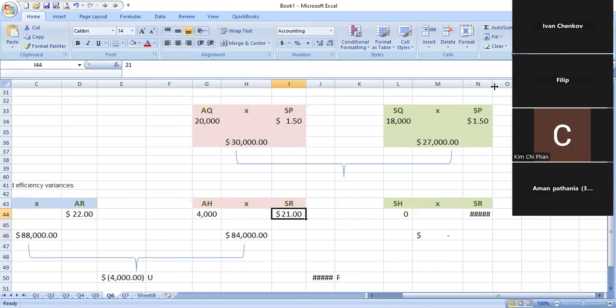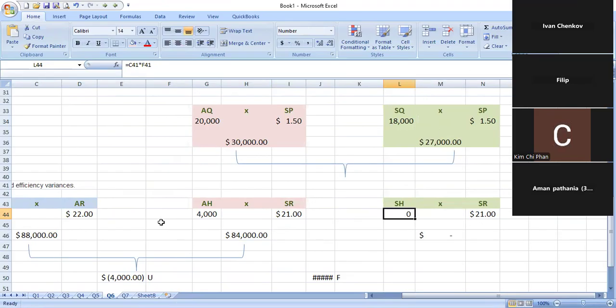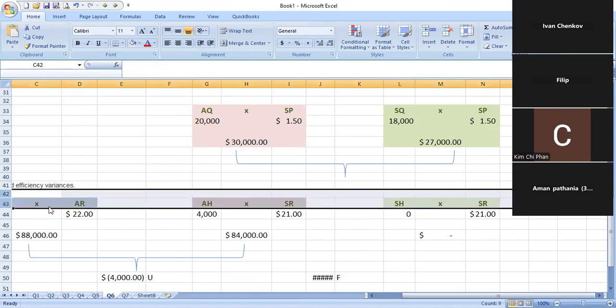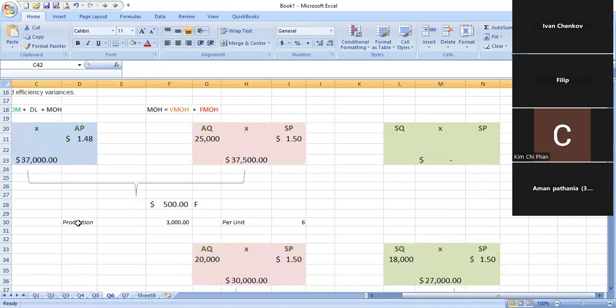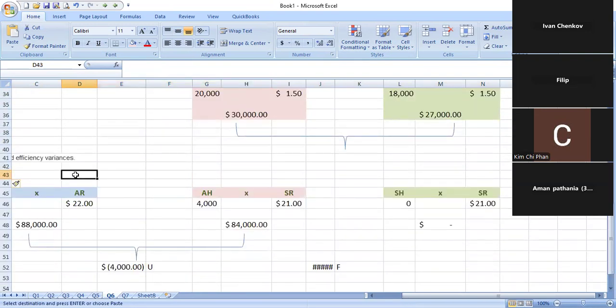Let's go and dig for the other one. I have my standard rate, 21. What do I need? We need our standard hours. Based on our standards, we know our production. Our production is still going to stay the same, 3,000.